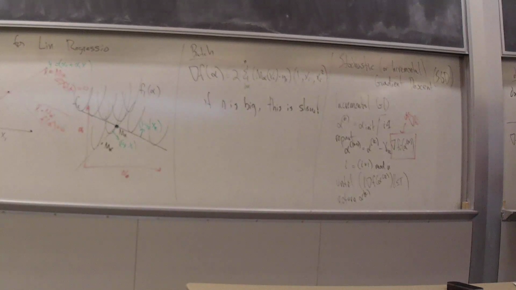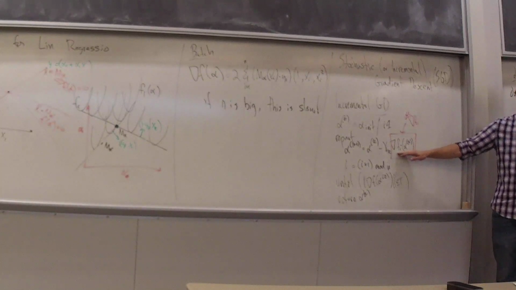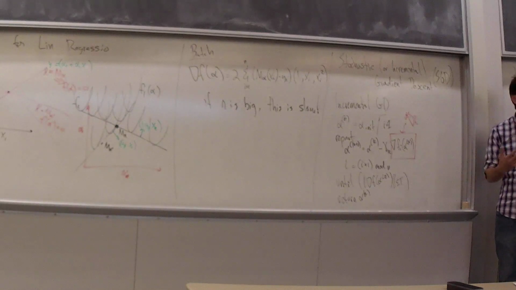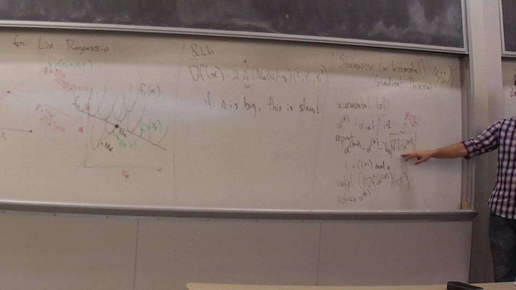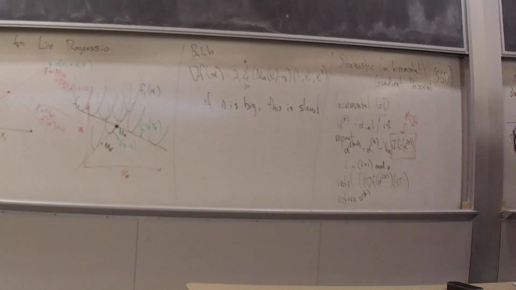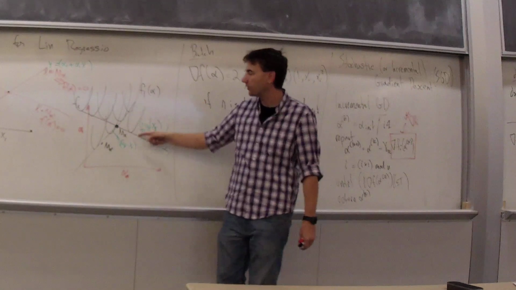So I don't necessarily need to look at everything. If I have lots and lots of data, and especially if my model is small, then I can look at just a few of these, and I can look at just one and take one step, right? I have a bunch of these different cost functions.